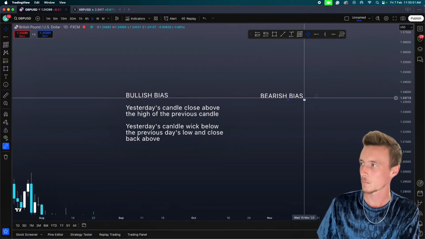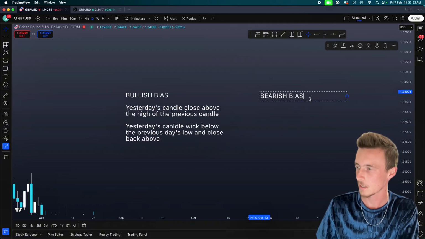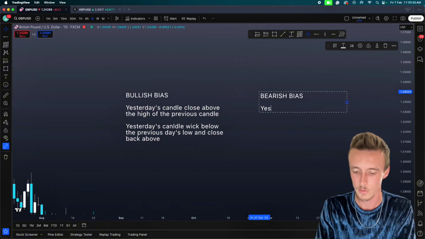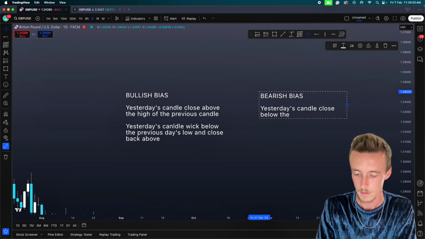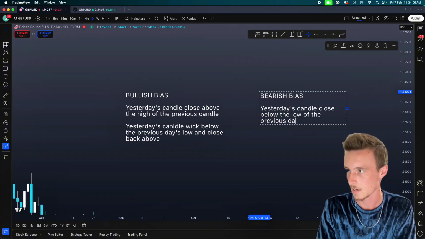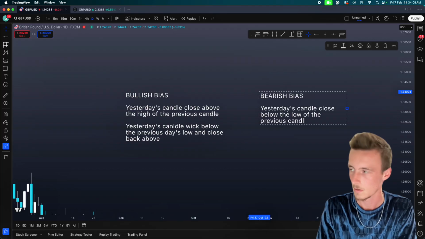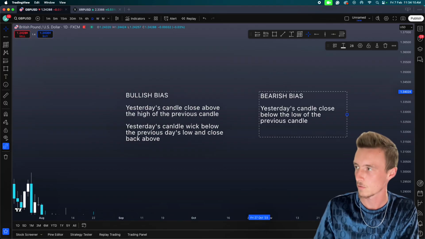Then of course, for the bearish bias, you would just be flipping what I just said. So it would be yesterday's candle close below the low of the previous day, on the daily time frame of course.